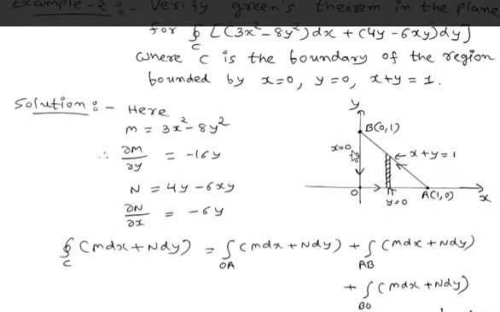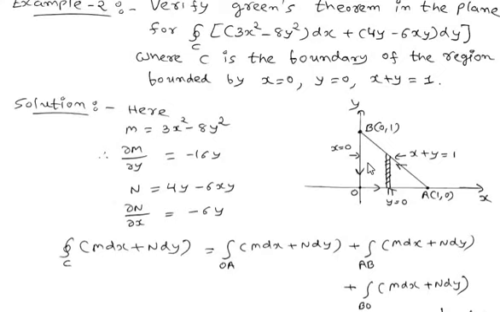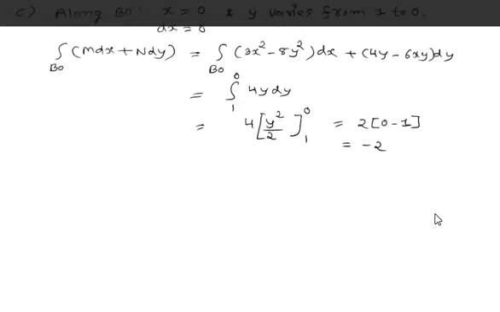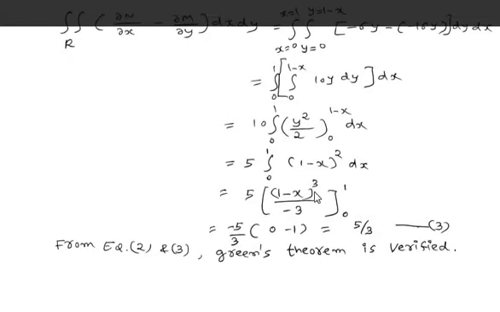Now you have to write down the limits of x and y. First of all we select the limit of x, and we are considering here the outer limit of x, which will be x equals 0 to x equals 1.